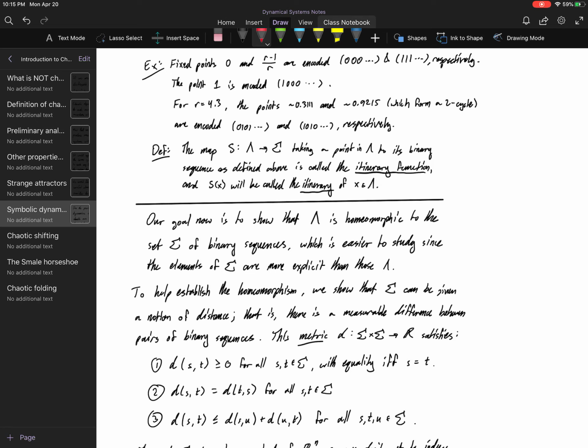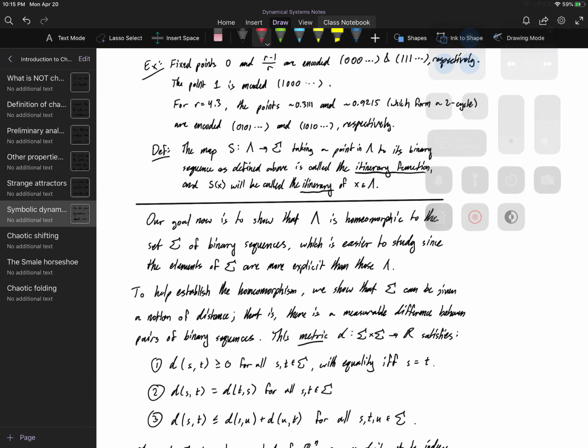So in order to establish this homeomorphism, I need to know what open sets look like, what open intervals look like. And that question is very strange in the sense of what does it look like for sequences to belong to an open set? That is something that we need to deal with.